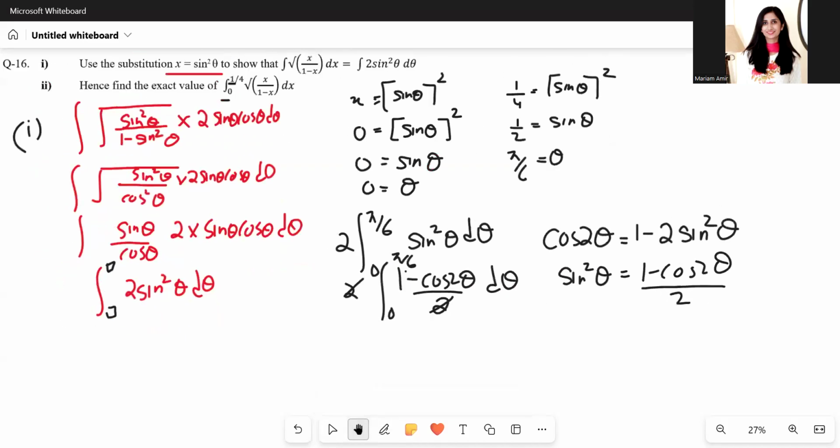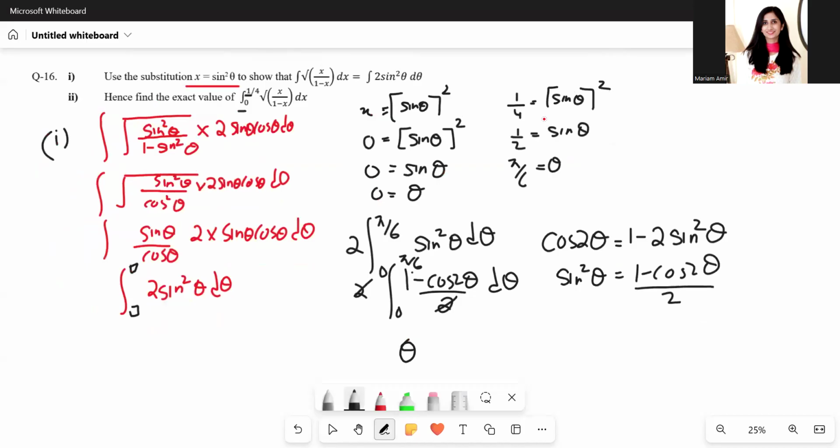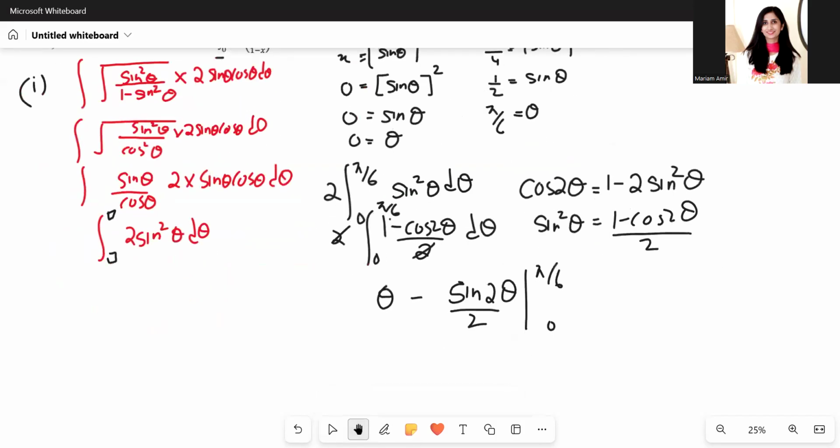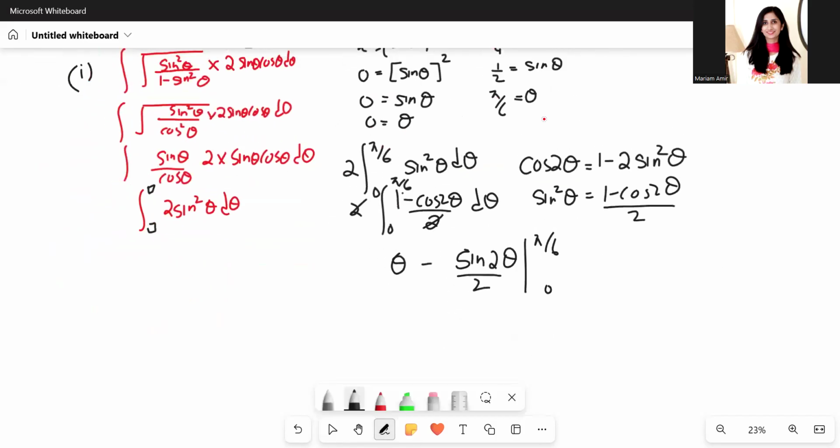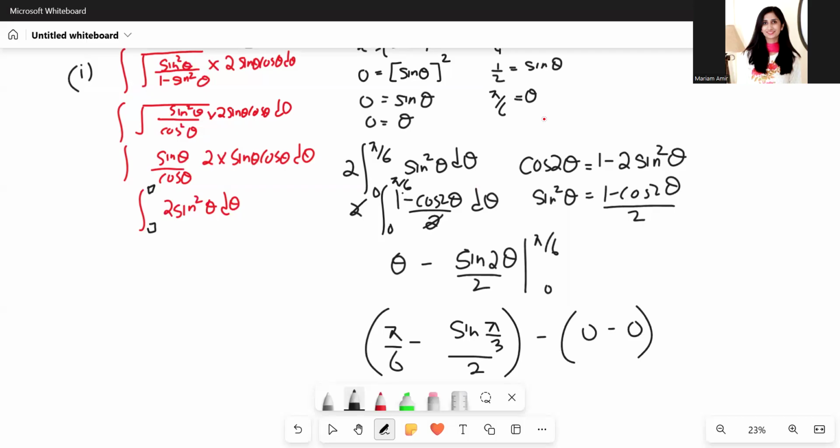So the integration of 1 will just be theta minus, the integration of cos 2 theta is going to be sine 2 theta upon 2, and the limits are pi by 6 and 0. So pi by 6 minus, we get sine pi by 3 upon 2 in one bracket, and then we get a 0 minus 0 after substituting 0.